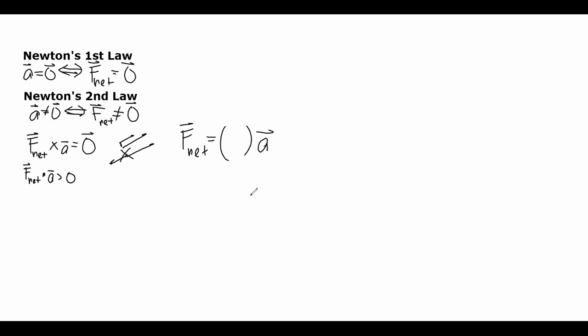This constant ends up being really a property of the object's inertia. What are some things that, experimentally, this constant does not depend on? I'll just give it a name, m, calling it mass.